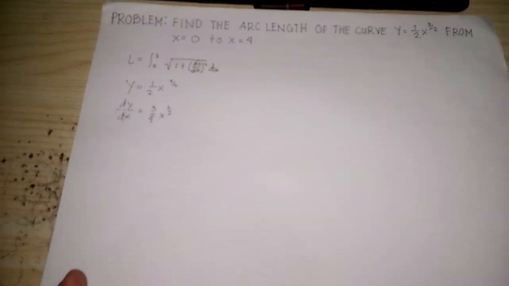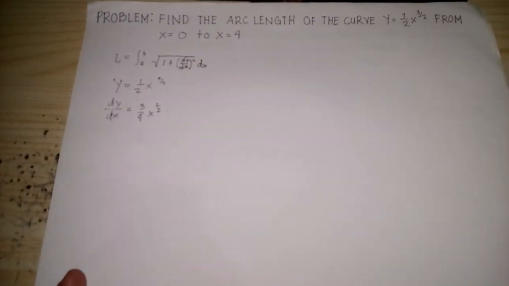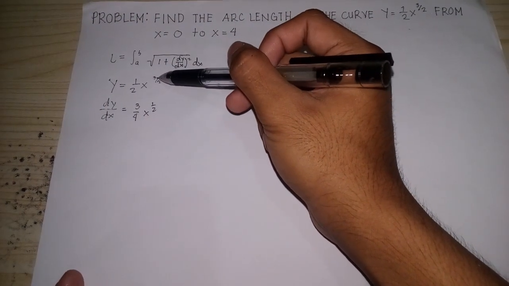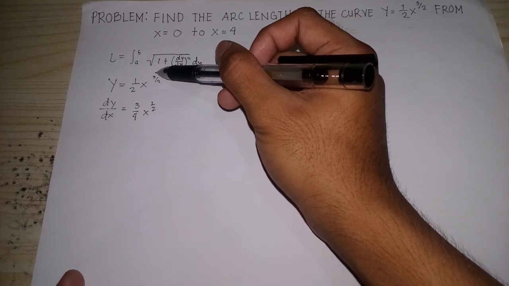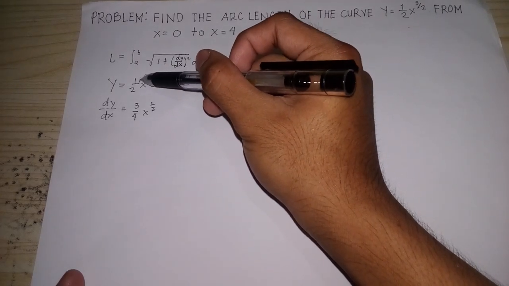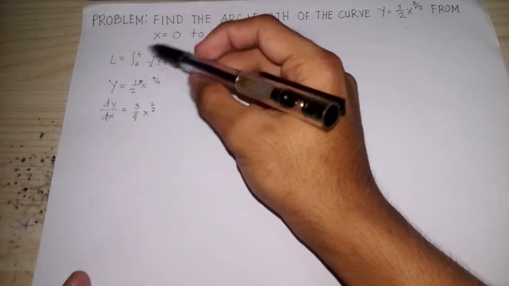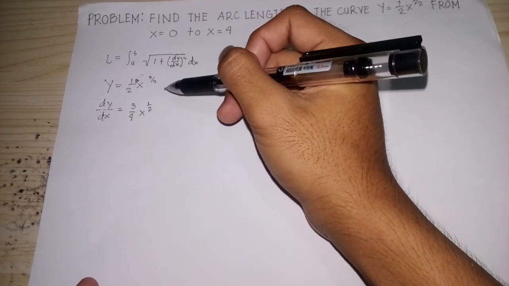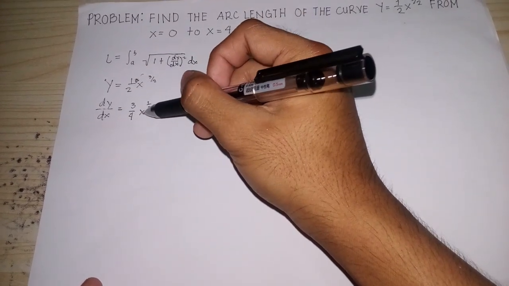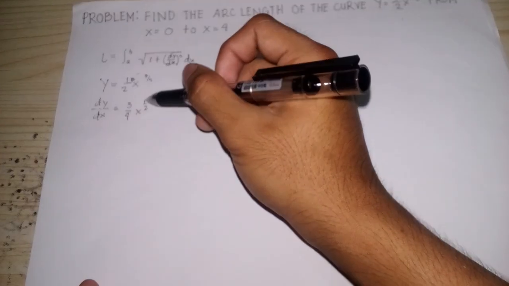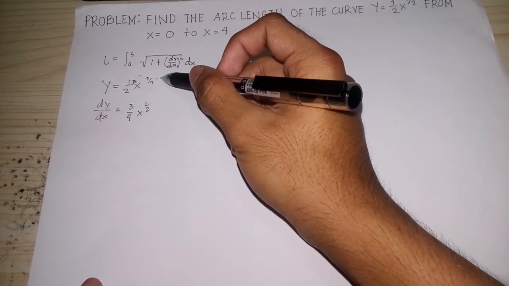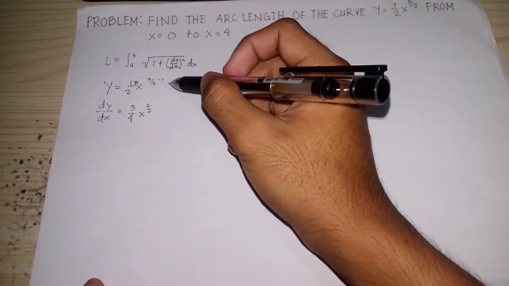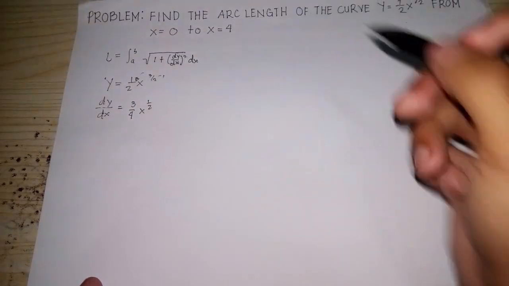Since if we move the exponent here, it will multiply to 1 half. So 1 half times 3 halves is equivalent to 3/4. Then x raised to 1 half, since we subtract 1 from our exponent, as this is a derivative, that will become 1 half.